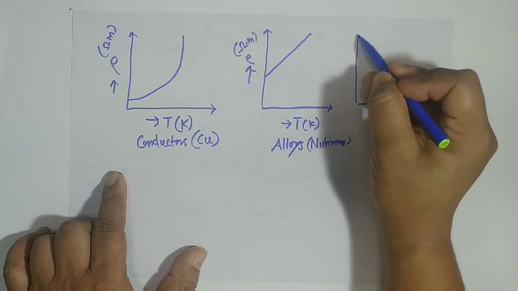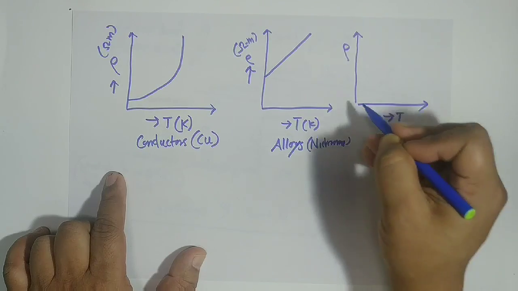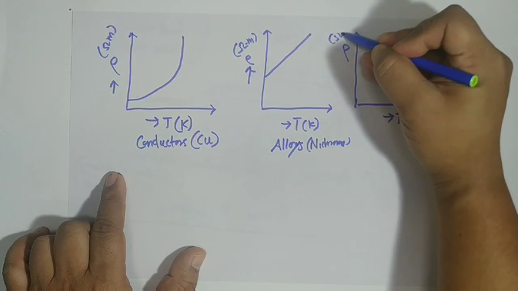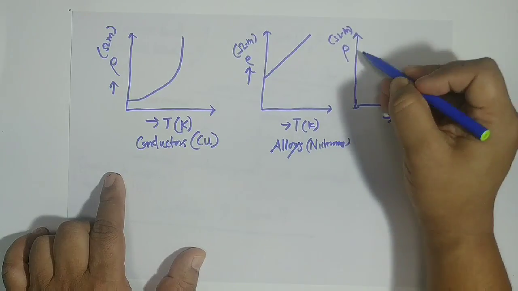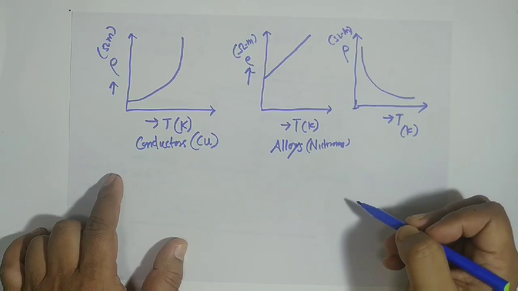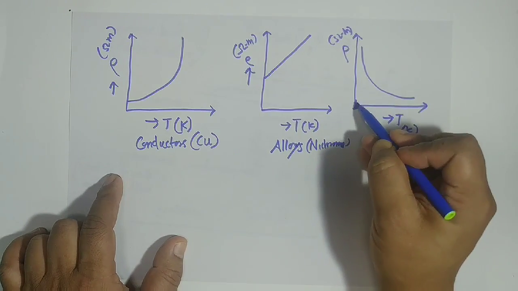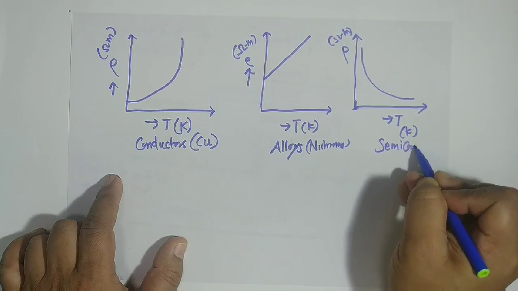And then comes the semiconductor. These three graphs are given in the NCERT. This is for semiconductor. Again, it is in ohm meter and in Kelvin. And a semiconductor has the reverse nature. That means if you increase temperature, resistivity is going to decrease.